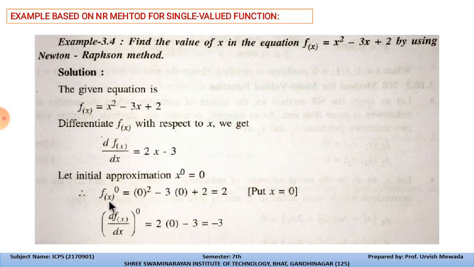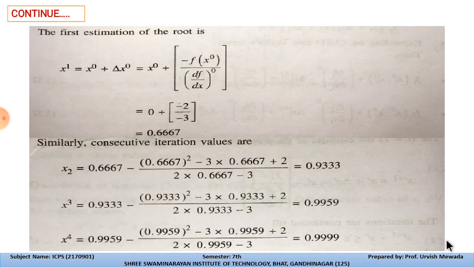So f of x raised to 0 is equal to 0 square minus 3 into 0 plus 2, which is equal to 2. Now df by dx at x raised to 0 is equal to 2 into 0 minus 3, which is equal to minus 3. This is the value that we determine with the help of the differentiation of the equation.